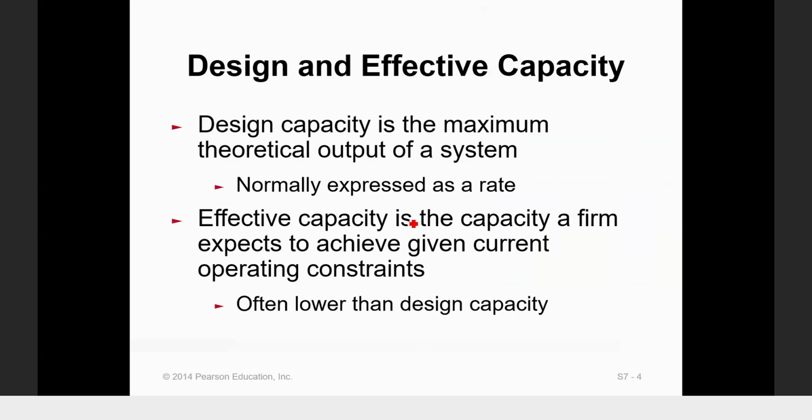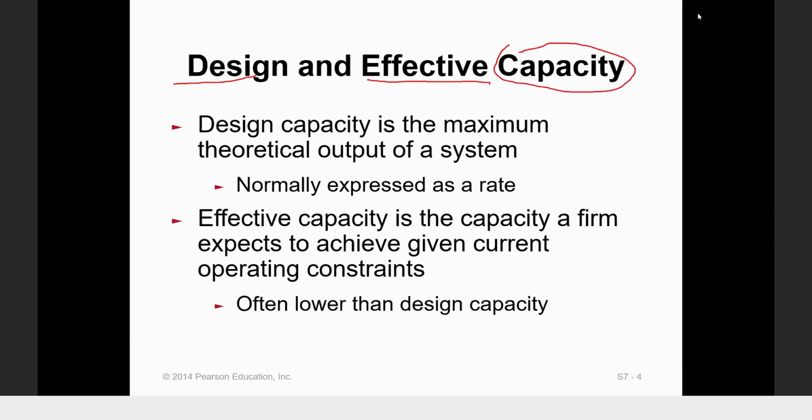So in discussing capacity, we have to understand design capacity and effective capacity. I want you to read. Please read this. What is design capacity? What is effective capacity? What is the difference? I would like to ask any one of you, or you can volunteer.